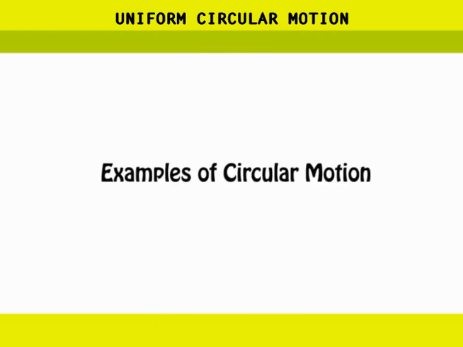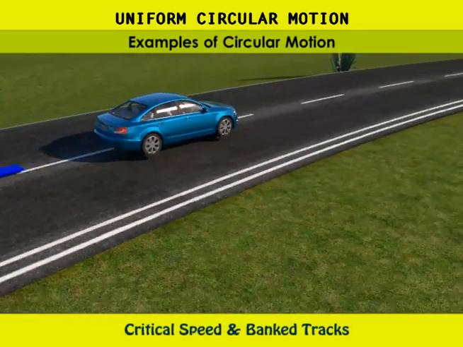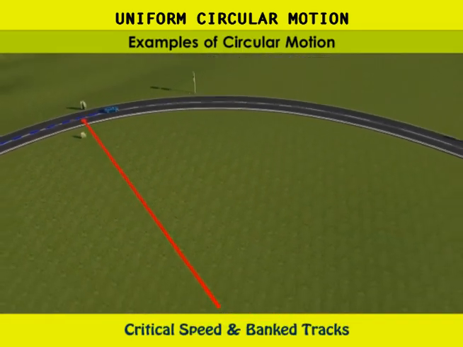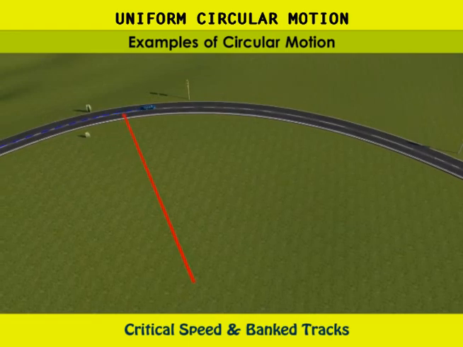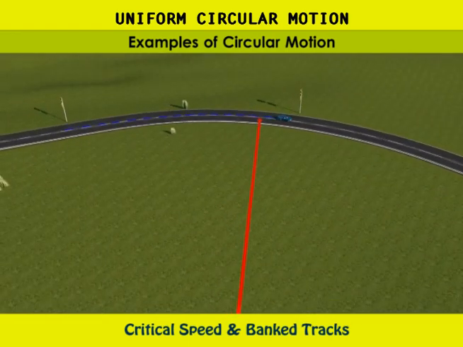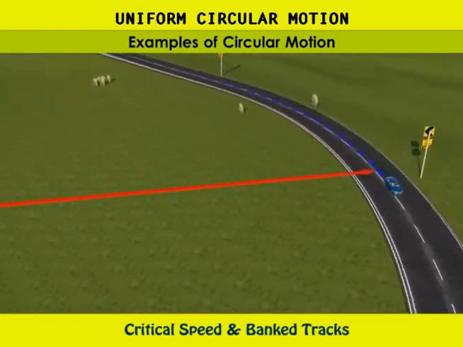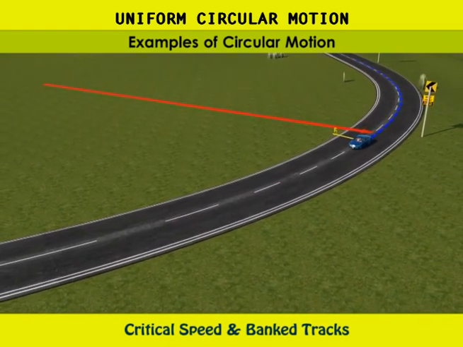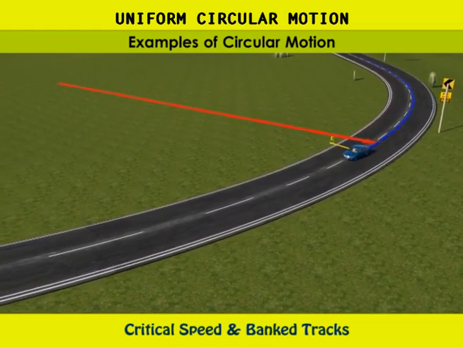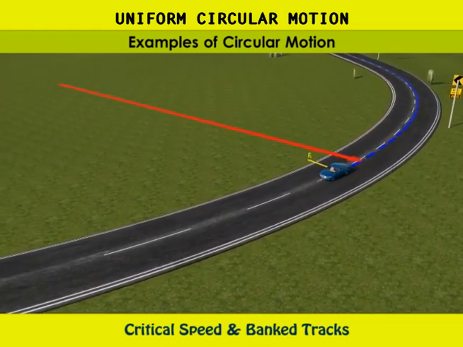Next, let's look at some few examples of circular motion. We start with critical speed and banked tracks. Now, when a car takes a turn, each curved section can be estimated to be an arc of a circle with a certain radius. A centripetal force must act towards the center of the circle to enable the vehicle to move along it.